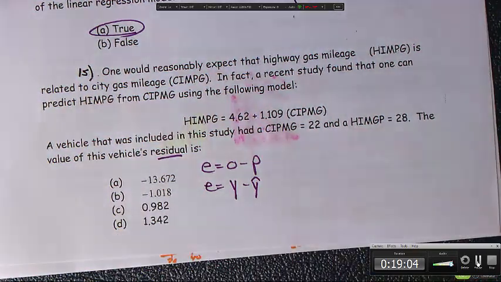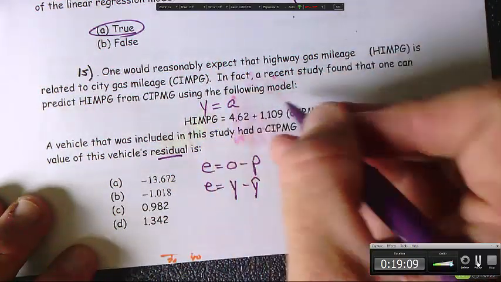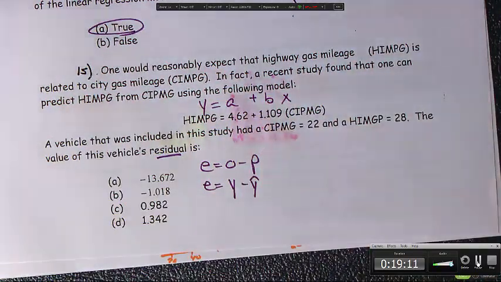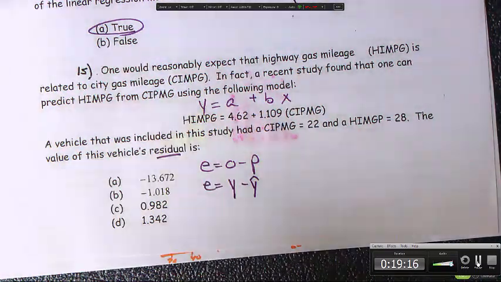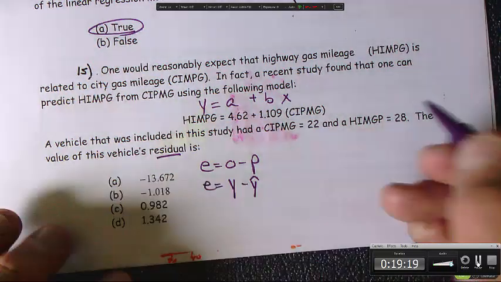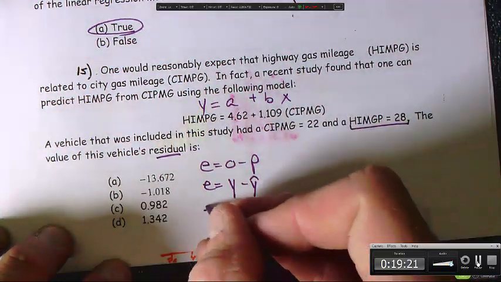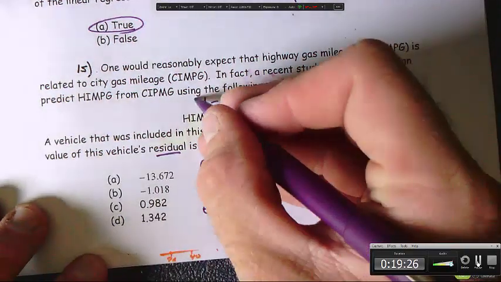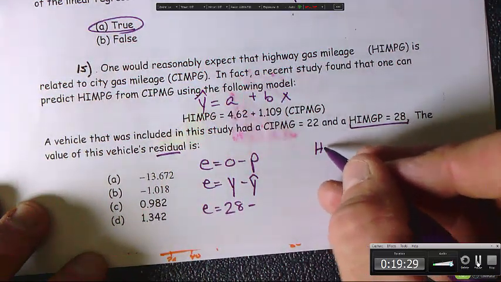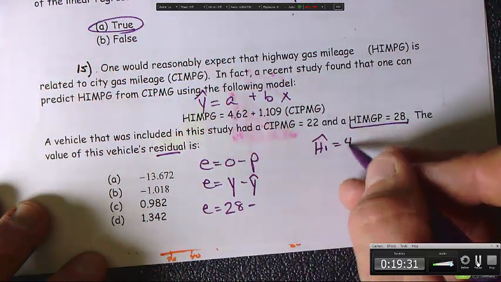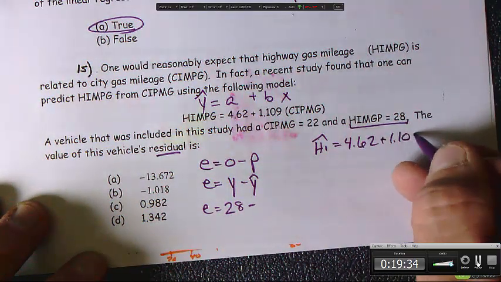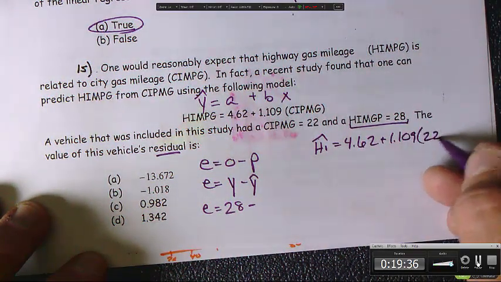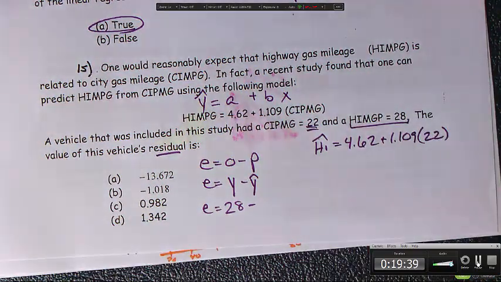What are our y values, city or highway? Highway, because it's always y equals a plus bx, or b0 plus b1x. So our y values are highway. The observed highway was 28. To get the predicted highway, we're given a prediction formula: 4.62 plus 1.109 times the observed x, 22.